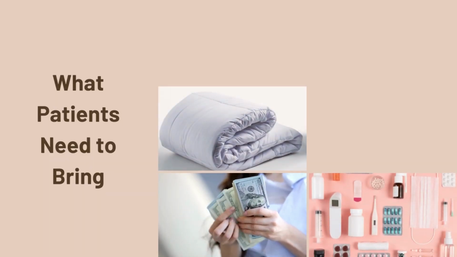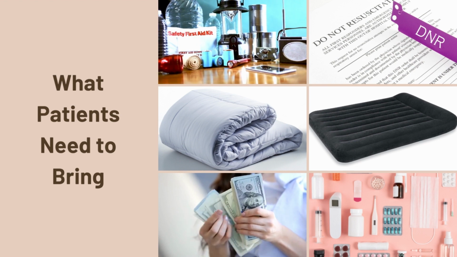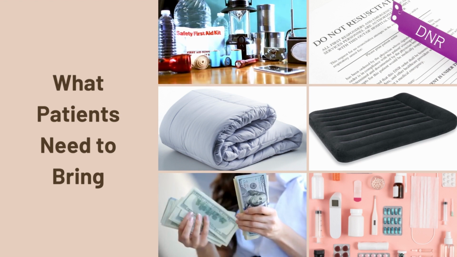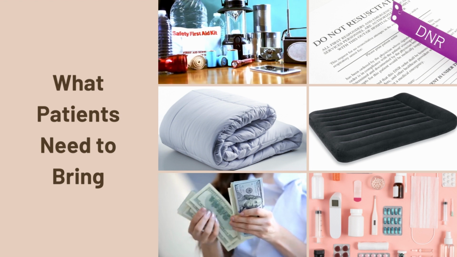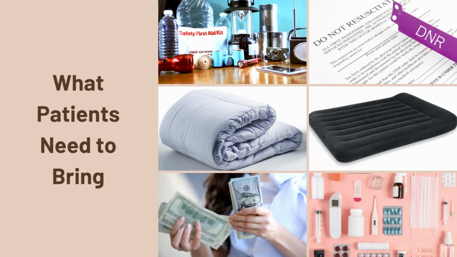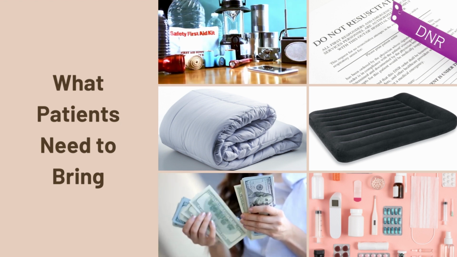Patients evacuating to the special needs shelter should bring the following: bed sheets, blankets, pillow, folding lawn chair, and air mattress, medications, supplies, and equipment list provided by the Home Health Agency.